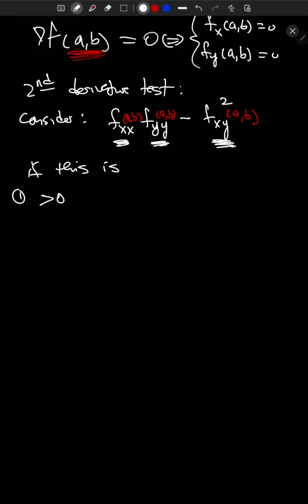If this is bigger than 0, there's going to be two cases, f_xx bigger than 0 and f_xx less than 0. So this is going to be local min. This is going to be local max.